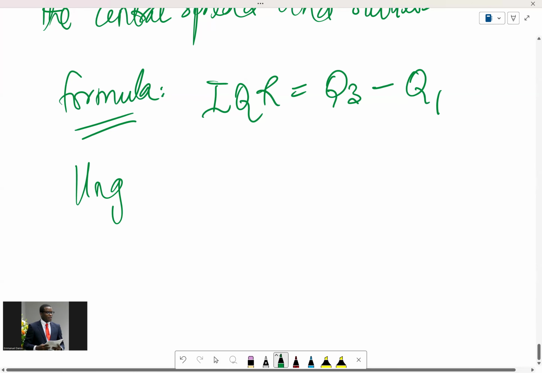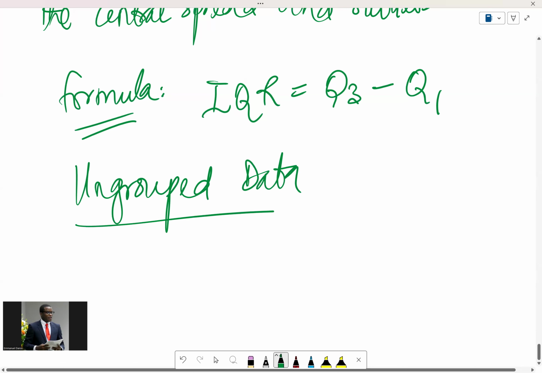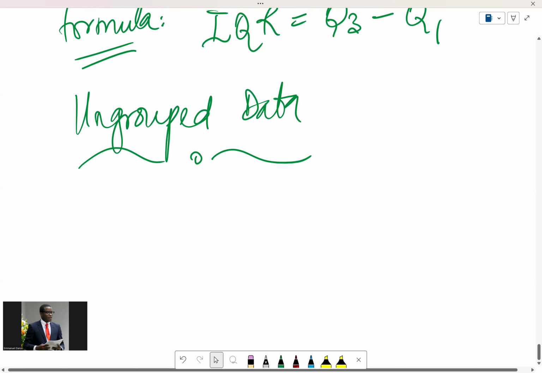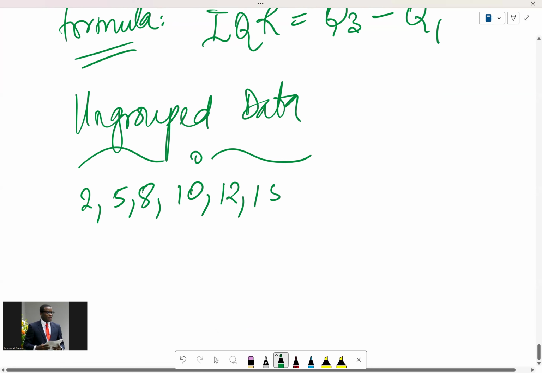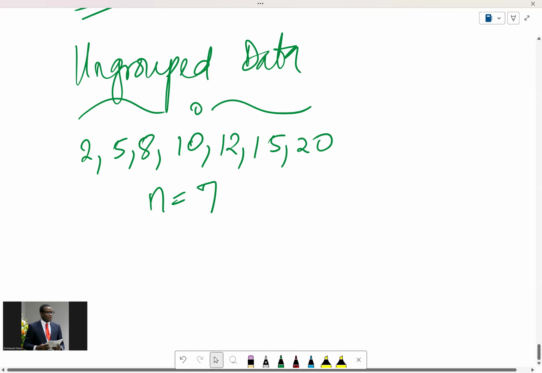Let's talk about the interquartile range using ungrouped data first, and then we'll use grouped data later. For ungrouped data, if you remember, we had an approach before. Consider the data set 2, 5, 8, 10, 12, 15, and 20. So n is 7 here.